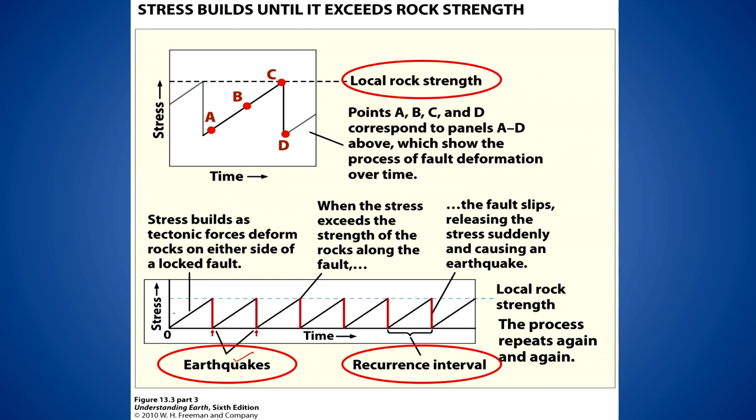So one can have a very systematic time span for similar types of earthquakes. When the stress exceeds the strength of the rock, that is, the threshold limit, then it will slip.